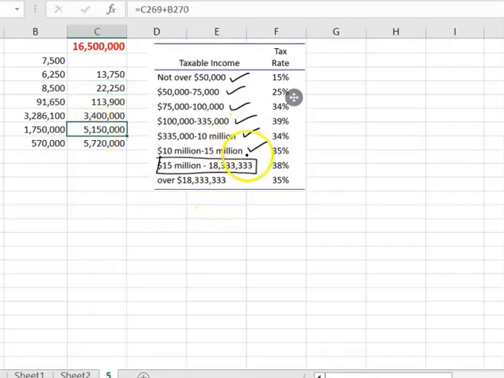The amount of tax you are paying until this point that I'm showing you now. So the maximum amount of tax that you are supposed to pay until this part is $5,150,000.